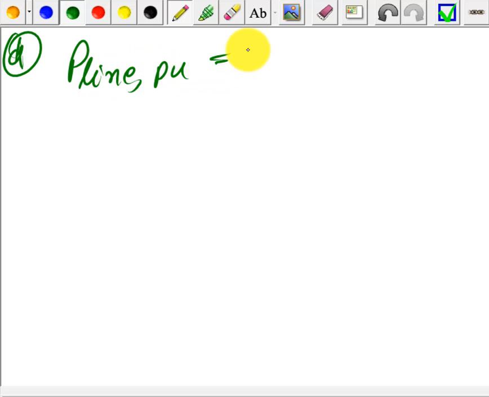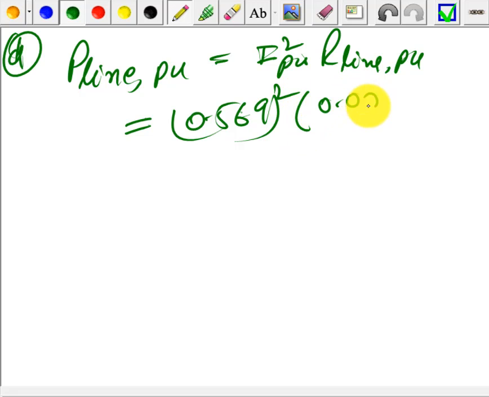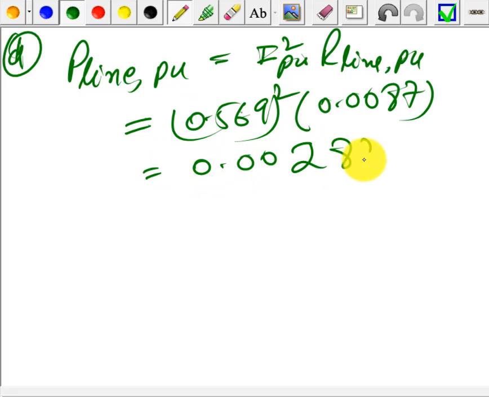So that will be I per unit squared times R line per unit. So that will be equal to 0.569 squared times 0.0087. So that comes out to be 0.00282 per unit.